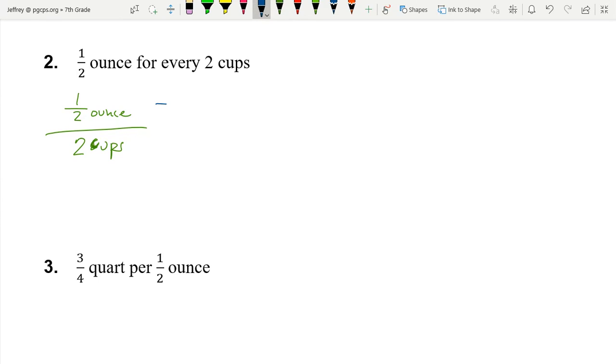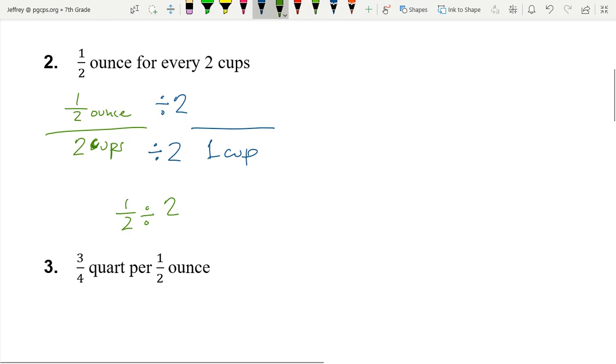So why are we dividing it? Because we need to get the unit rate. So we need to get 1 cup. So how did we divide 2 to get 1 cup? So we're dividing 2 by 2. That means we're going to divide 1/2 by 2. So technically what we're doing is 1/2 divided by 2.